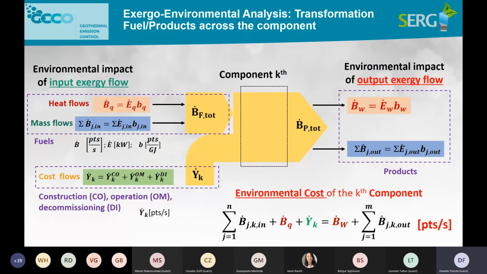Additionally, there are the construction, operation, and commissioning impact costs that replace the capital and O&M costs of the Exergo-Economic analysis. Here, the units of the general balance are impact points per unit time, generally Pts per second.